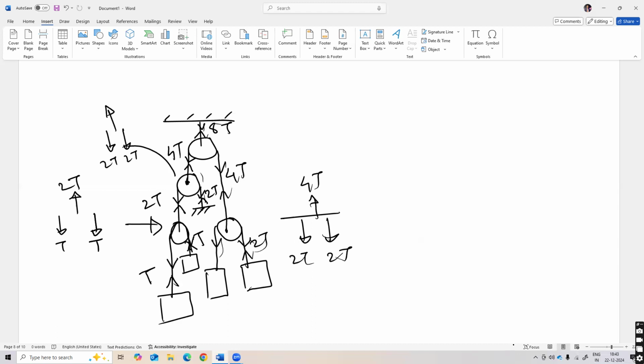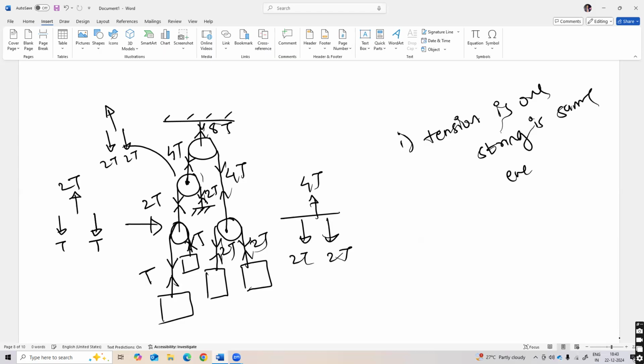So you should be able to find the tension in different strings based on a single value, because you are applying two concepts here. First concept: the tension in a single string is the same everywhere. And the second concept you are applying is force balance.